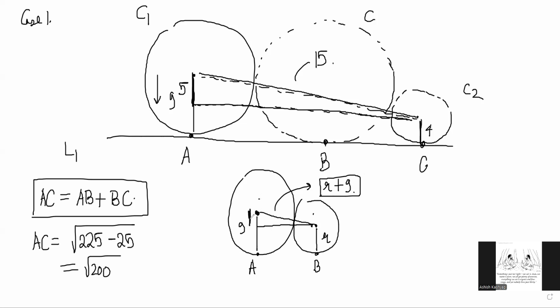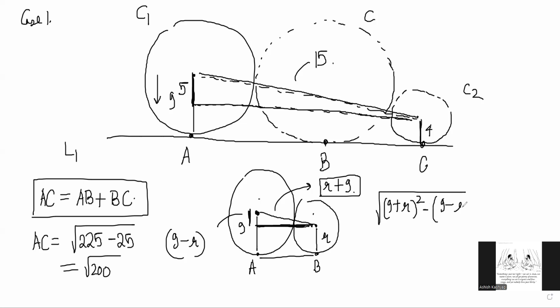Also, this distance would be basically 9 minus R, right? So AB length, which is equal to the base here, would be root over (9 plus R) whole square minus (9 minus R) whole square. So that will be 4 times 9 into R, right? I hope you're understanding what I'm doing.